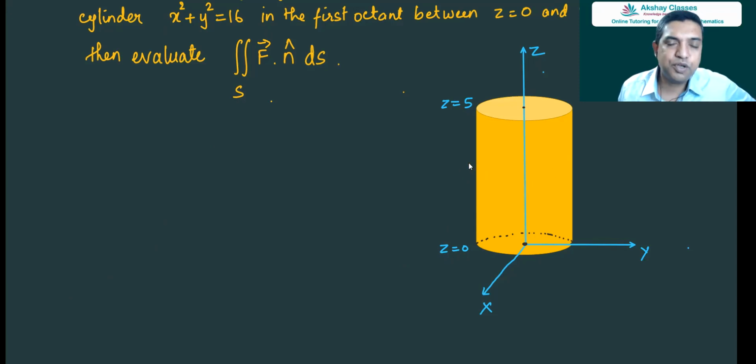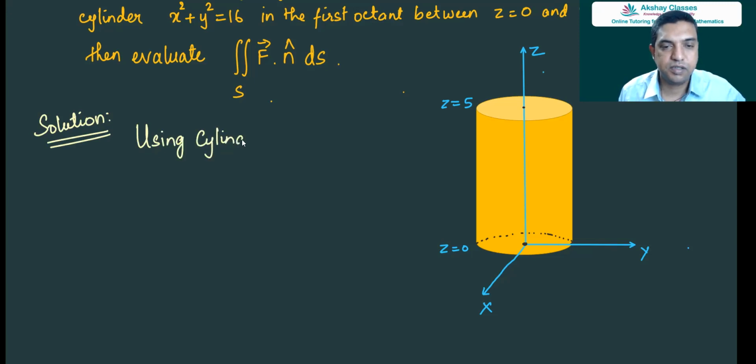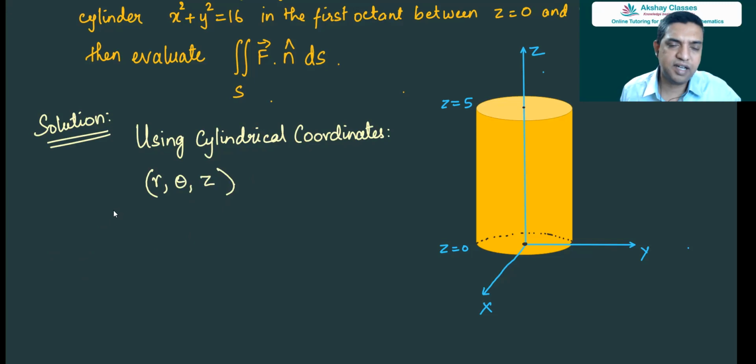What is useful to us is using cylindrical coordinates, R theta Z. Polar coordinates is R theta.